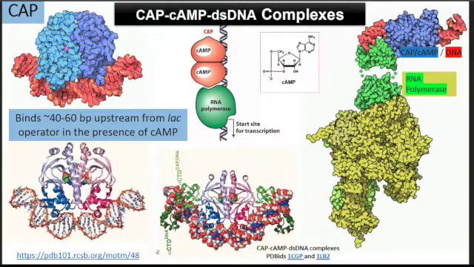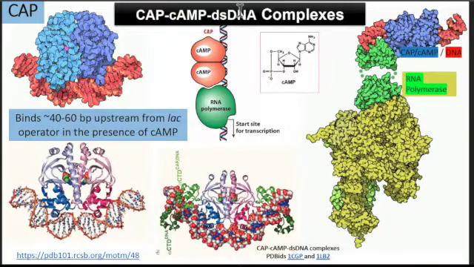And same thing over here, but now we're looking at a carboxy terminal domain of RNA polymerase. So check this out. This is now showing the dimer of CAP bound to cyclic AMP, and since it's bound to cyclic AMP, it is bound to DNA. And so the DNA would keep going, right? This is just showing a little bit of DNA, but what we see here in the green is RNA polymerase.